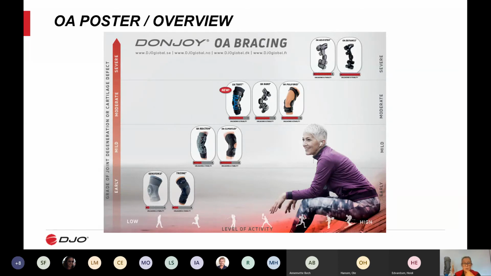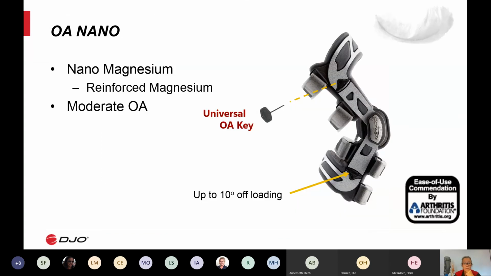So I've chosen some of the big braces just to go through. We have the one that I showed on the patient, the OA Nano, which is a really lightweight OA brace. This goes to moderate OA and not the severe. And if you have a very, very heavy patient, the OA Nano is not the right choice.